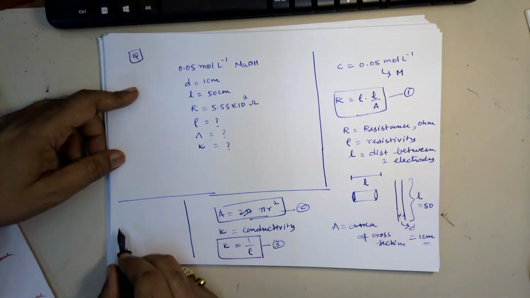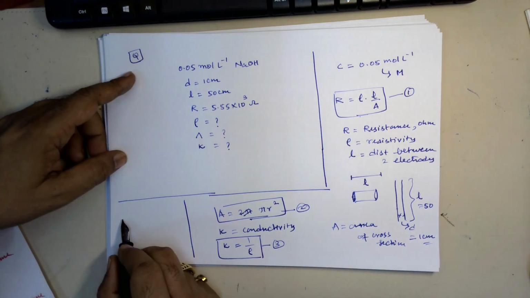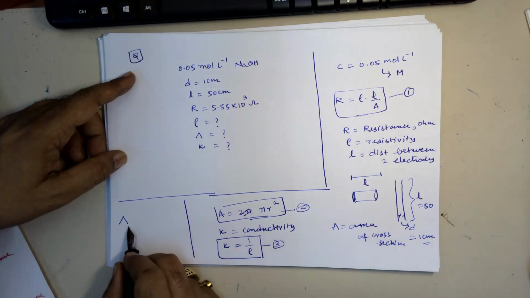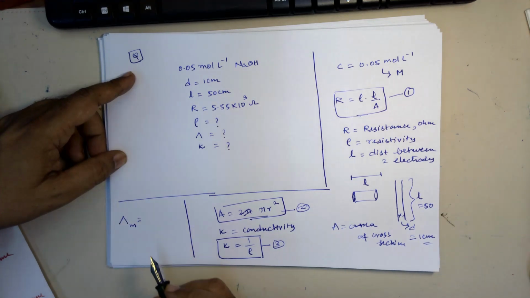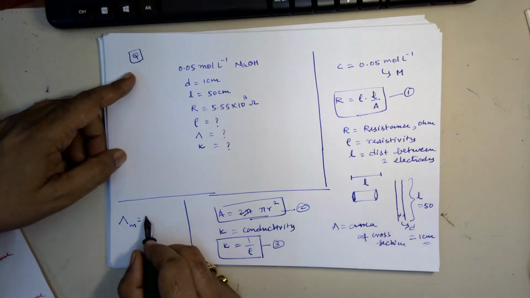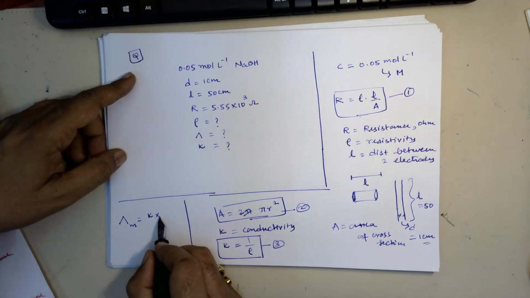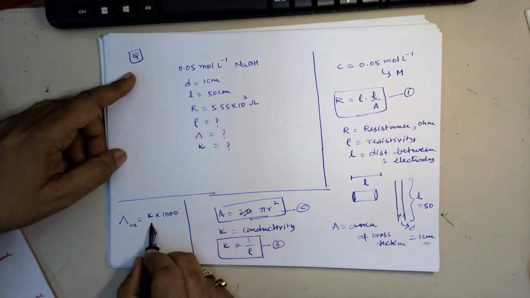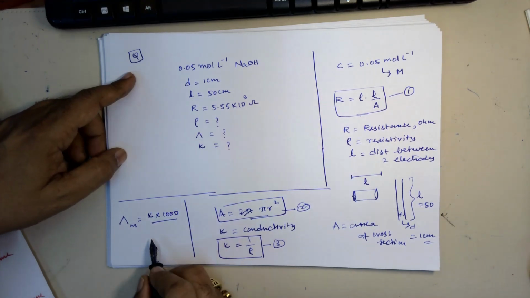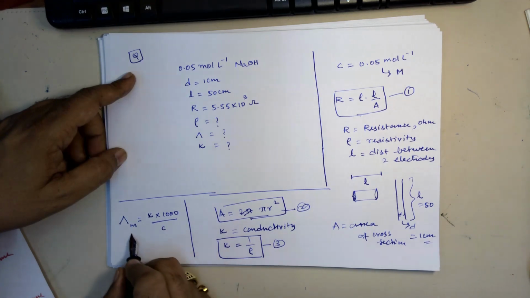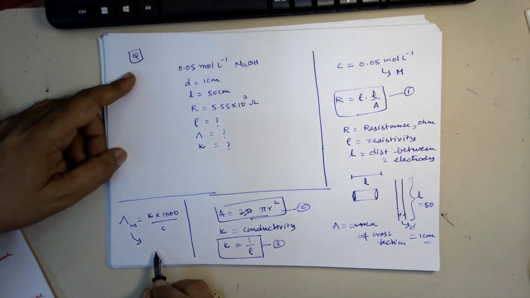Then we have molar conductivity, given by lambda m, that is kappa into 1000 divided by the concentration C, and its unit is cubic centimeter per liter.